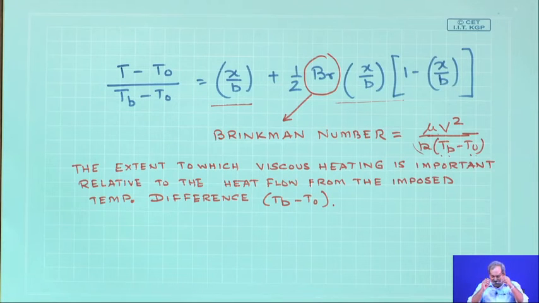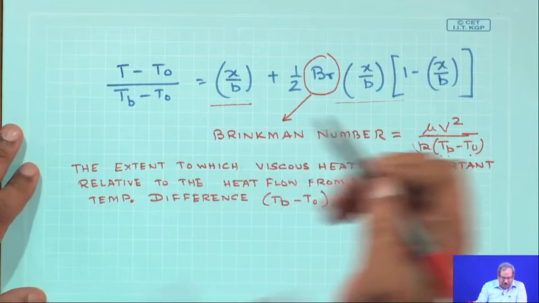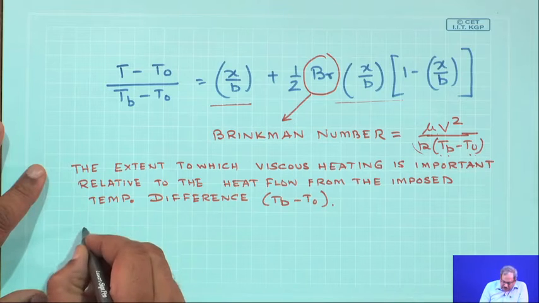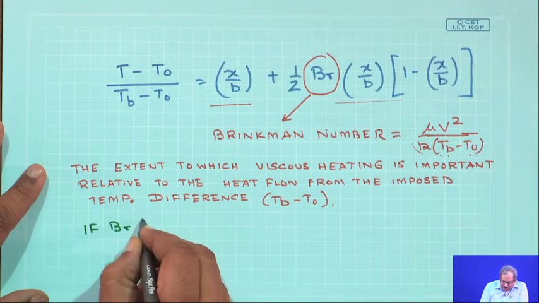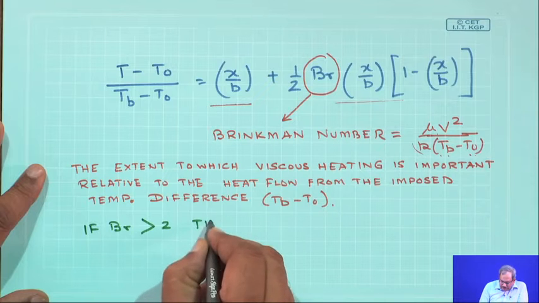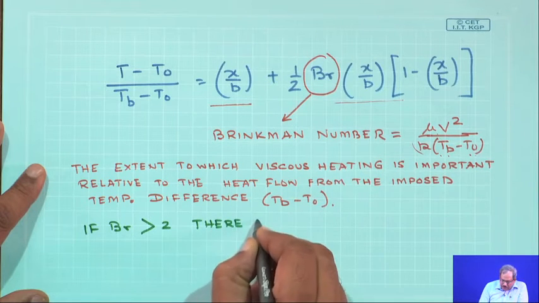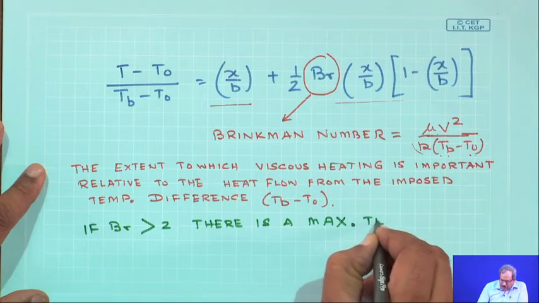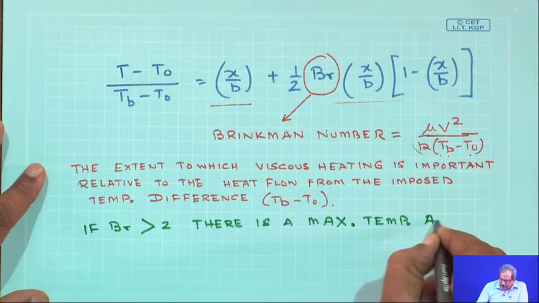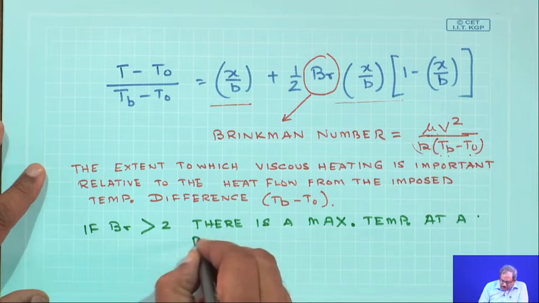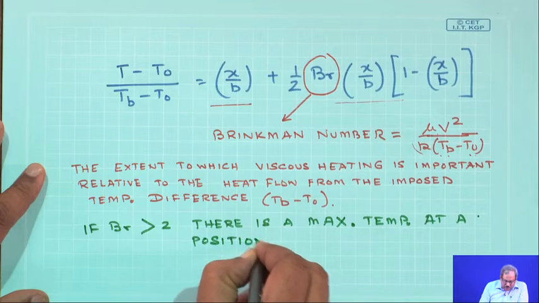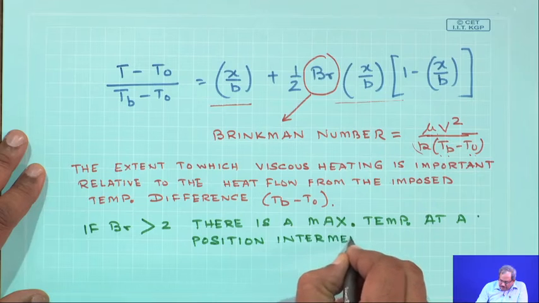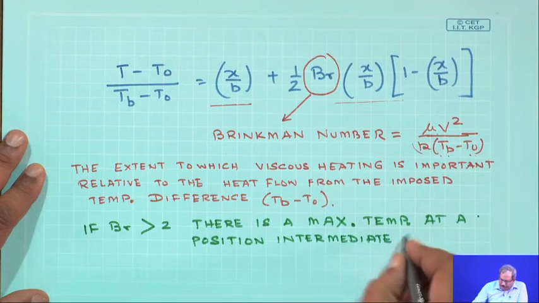But even this is not interesting, there is something more interesting to it. What you can do on your own is to see that if Brinkman number is greater than 2, there is a maximum temperature at a position intermediate between the two walls.